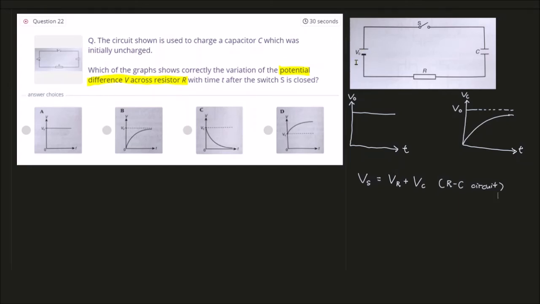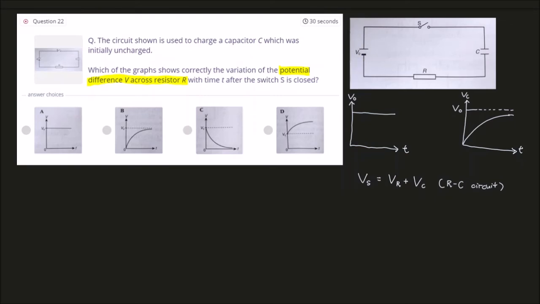So if you supply, let's say 10 volts through this power supply, these 10 volts have to be shared completely by the capacitor and the resistor, because these two components have to take up all the energy being supplied. So let's say here can be 6, then here will be 4. Let's say here is 9, then here will be 1. No matter what, if you sum up the potential difference across C and across R, you find that they are equal to the power supply voltage.